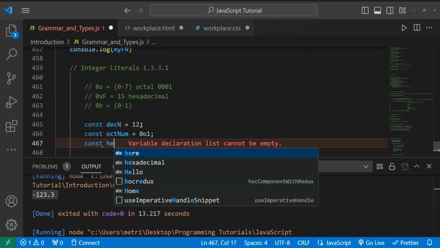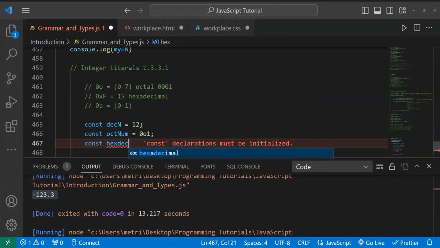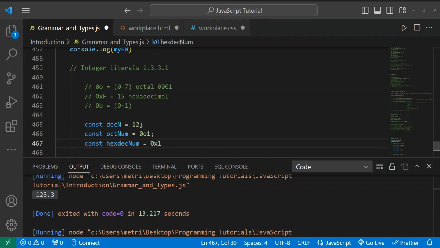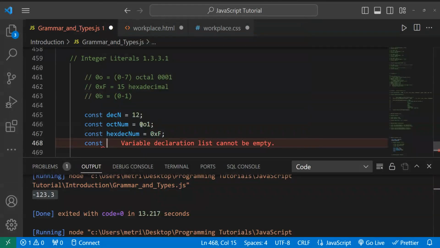So you can just say hexNumber, and we can call it with 0x, and we can put 1 or f, etc. We will check each of them in the right way, but before that, let's do the same operation with the binary number. So we can also say const binNum, like binary number.